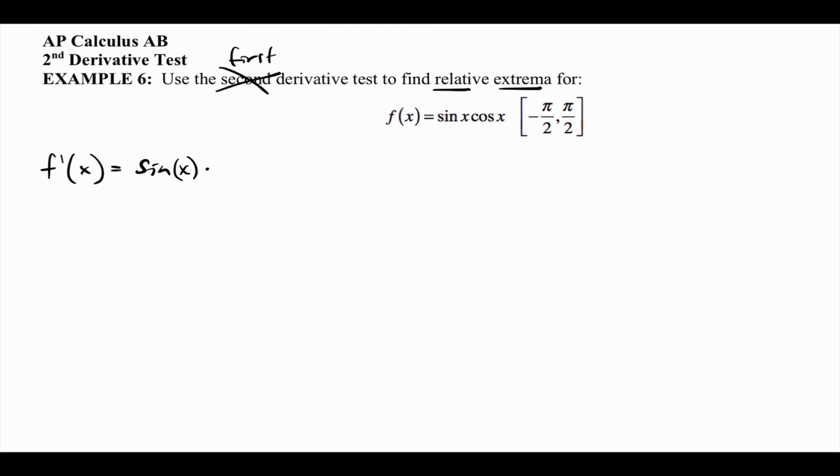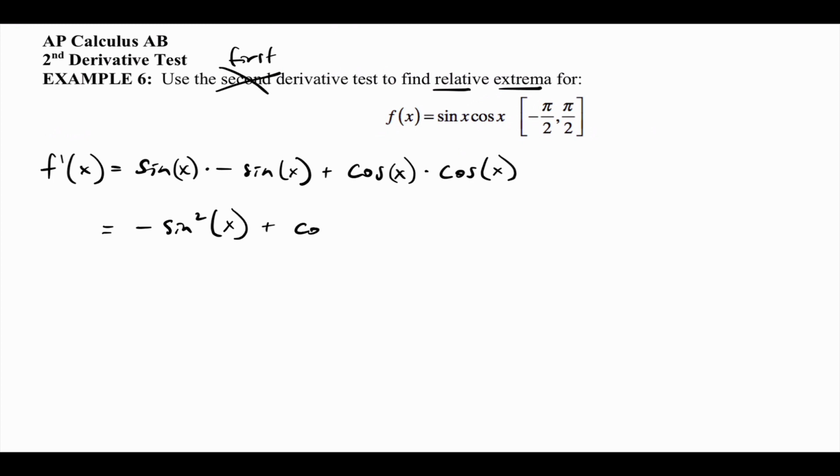The derivative of cosine is negative sine, plus the derivative of the first, which is cosine, times the second, cosine. So essentially what you see is negative sine squared of x plus cosine squared of x. They're each squared.